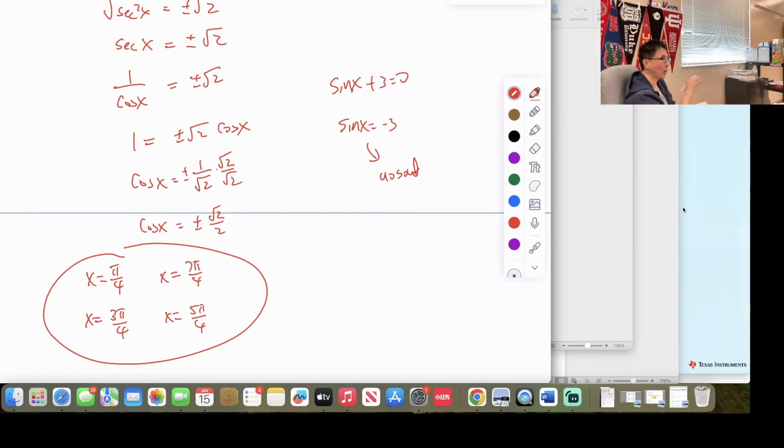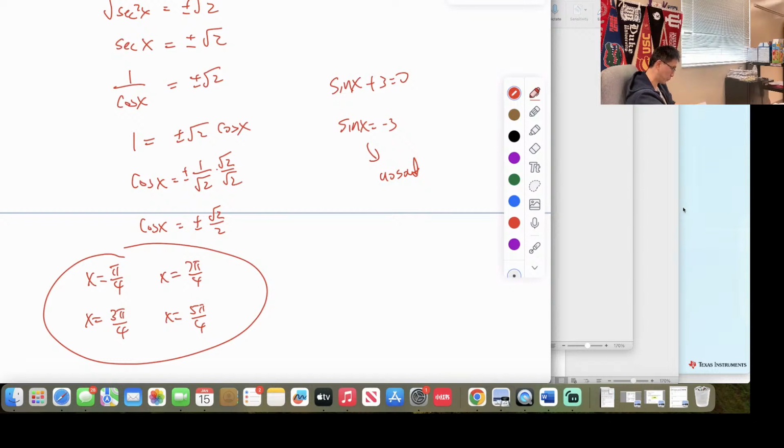Anything greater than 1 is no solution. Tangent and secant, however, can be greater than 1. But if sine or cosine is equal to square root 3, there's no answer. Does that make sense? Because there was nothing greater than 1. Okay, so let's try a couple of questions, see if you guys can work it out.